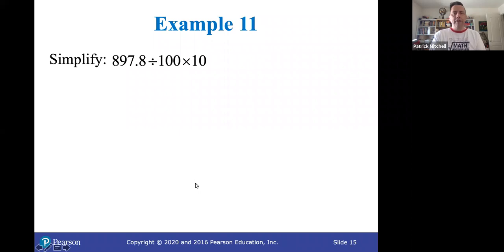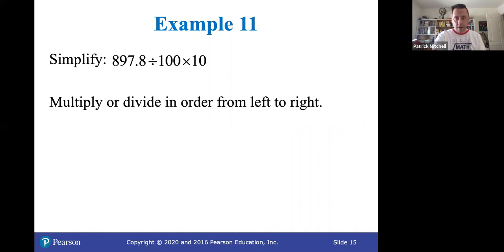All right, our first example is 897 8/10 divided by 100 times 10. All right, so the two operations in this problem are division and multiplication. Those are done in order from left to right. So the first thing I'm going to do is 897 8/10 divided by 100.